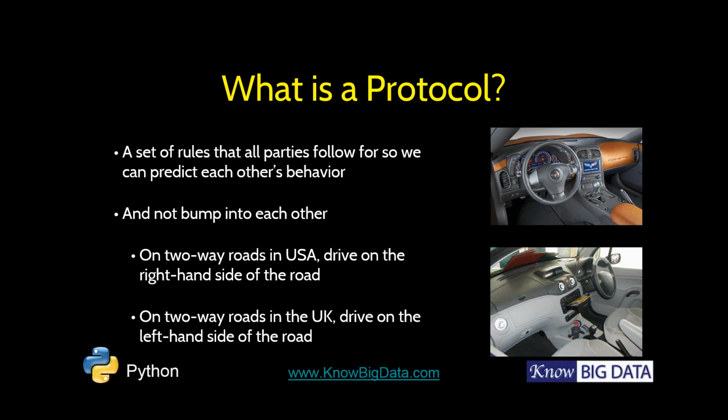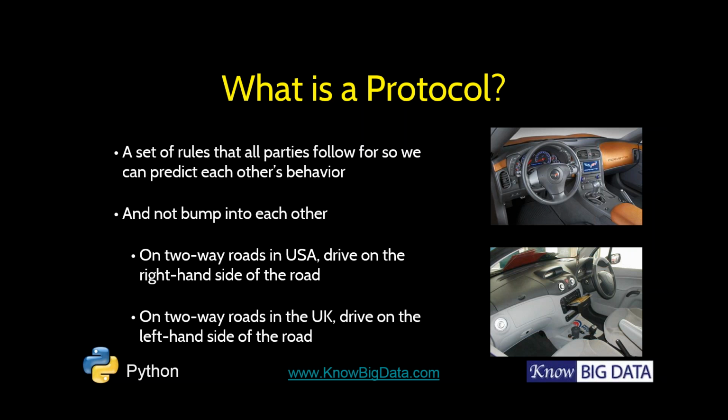So we both have agreed on a set of rules that we are going to speak in English, so that you understand what I say and I understand what you say.